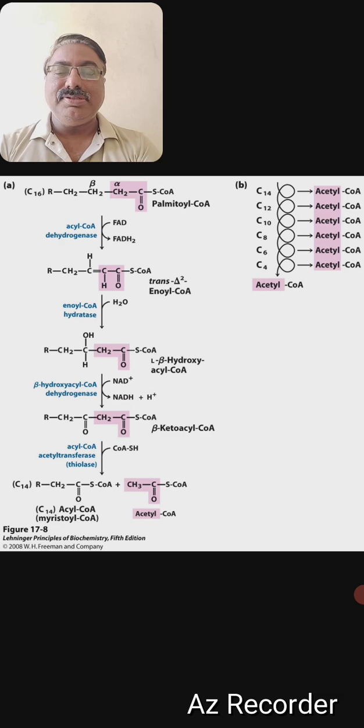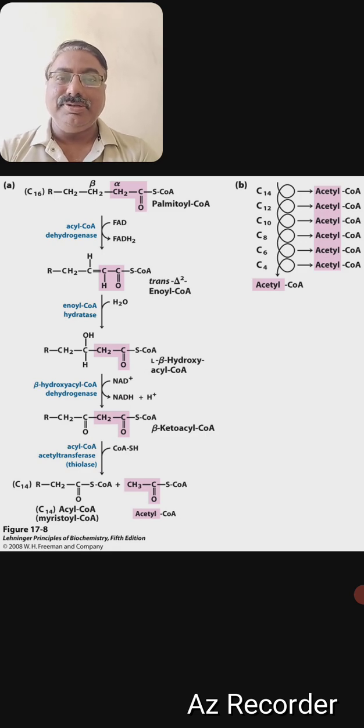The coenzyme helping this enzyme is FAD. The hydrogen which is removed is attached to FAD, and it gets converted into FADH2.